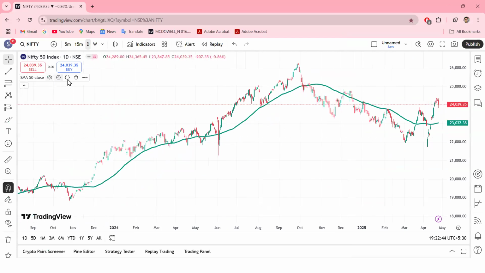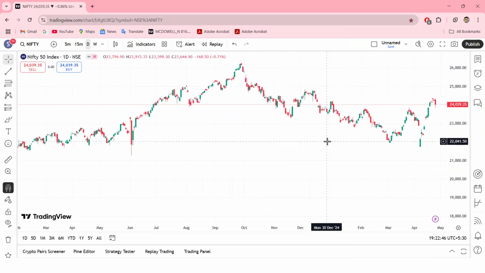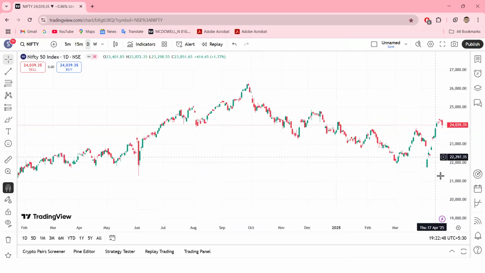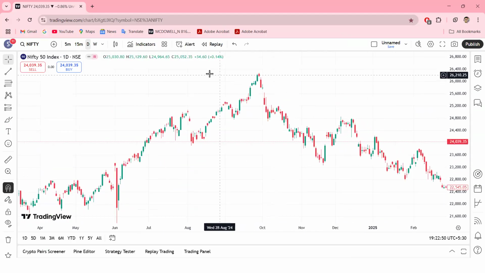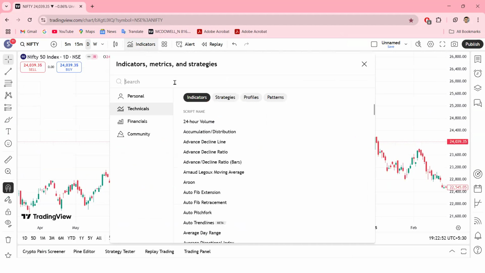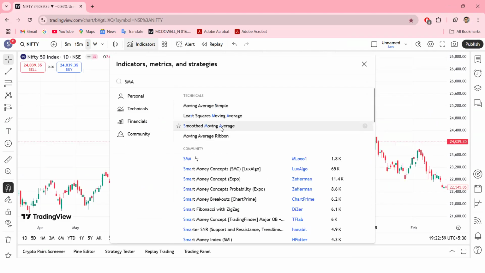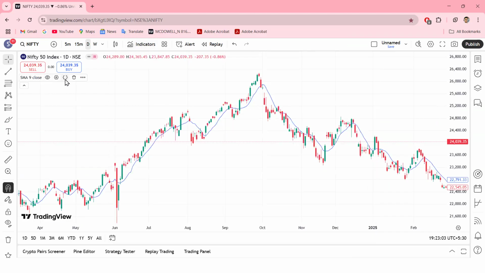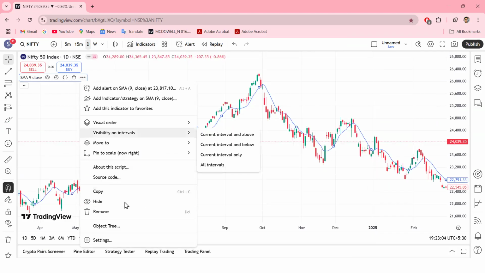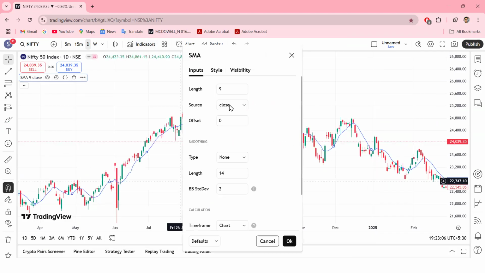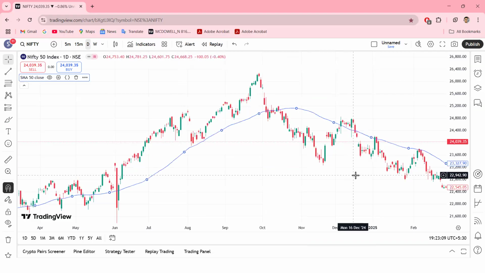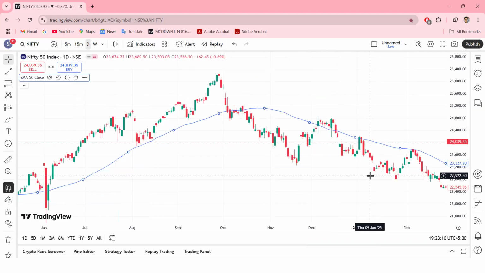Okay, so this is my Nifty chart, right? So it has started at 26,332. So if I put the 50 moving average, SMA, so this is my 50 moving average.